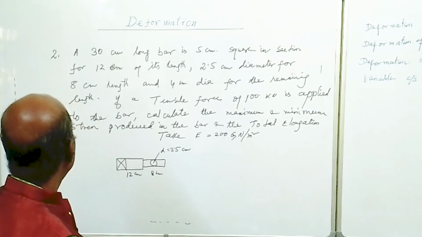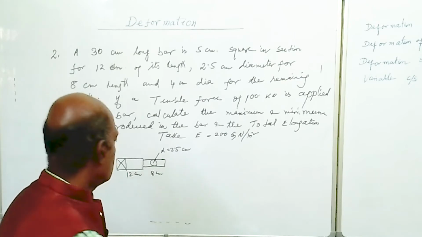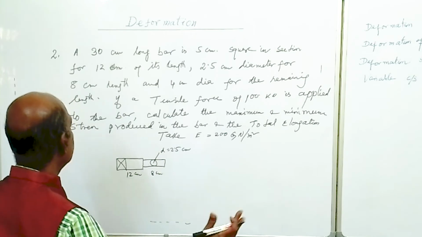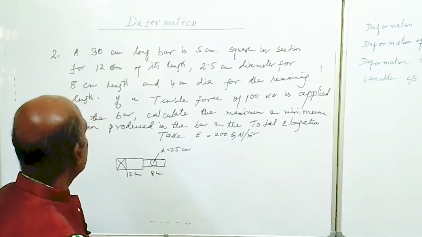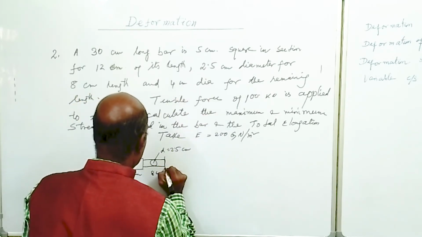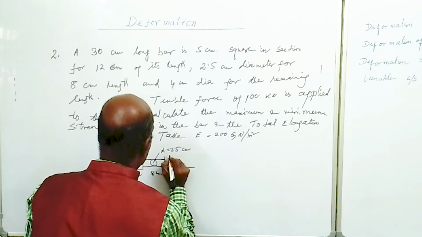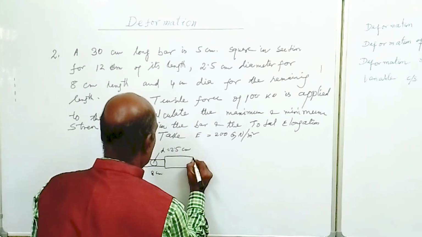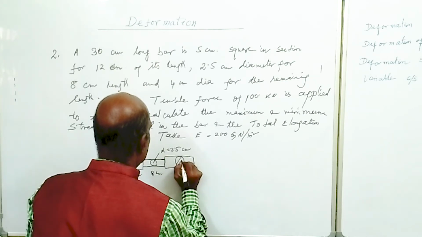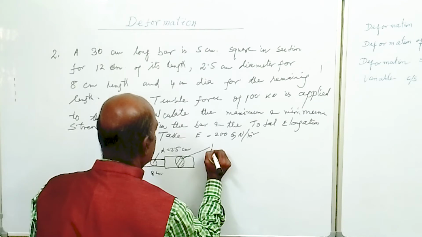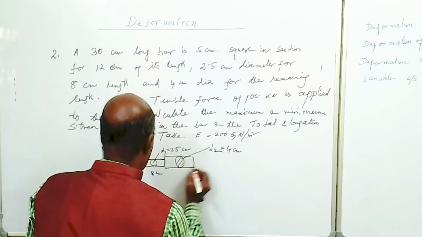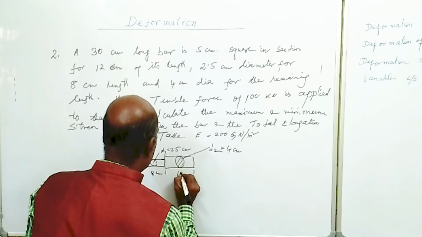And the remaining part: total length is 30, so 12 plus 8 is 20, and for the next 10 centimeter length the bar has diameter 4 centimeter. So the diameter is increased here. The cross sectional area is circular, and this one D1 is equal to 4 centimeter and the length is 10 centimeter.